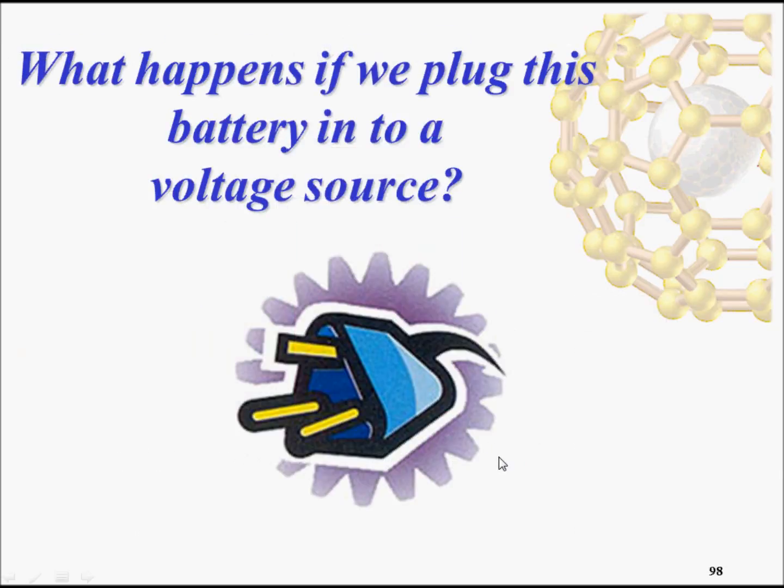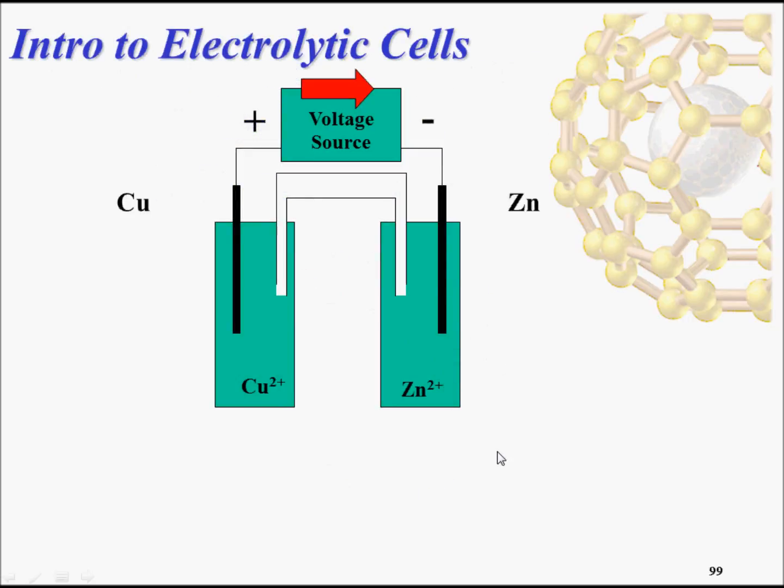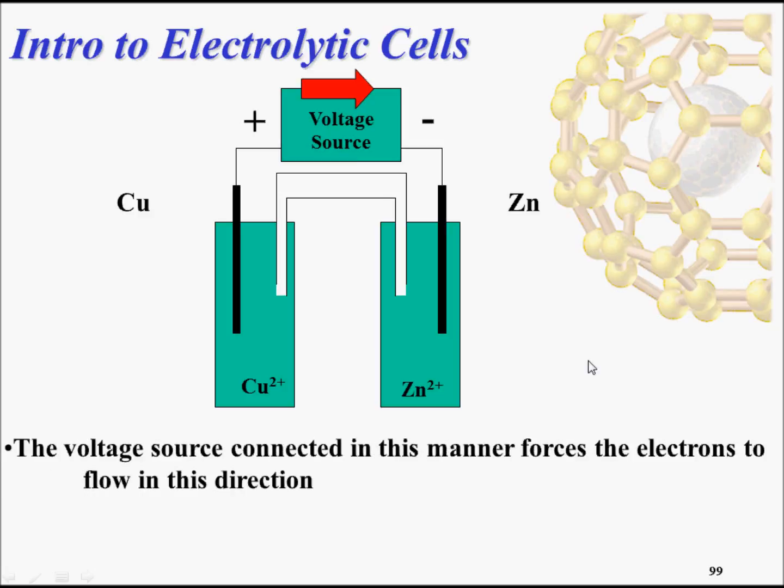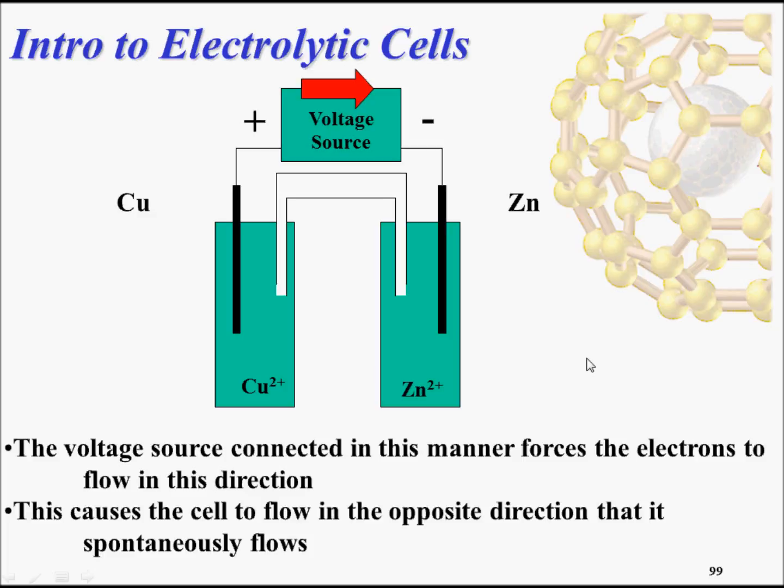Now, if we were to change this and take this cell, which on its own is going to occur in that direction, but apply a voltage source to it, hooked up in such a way that the positive and negative sides of our voltage source are switched, we could actually force the electrons to flow in the opposite direction.